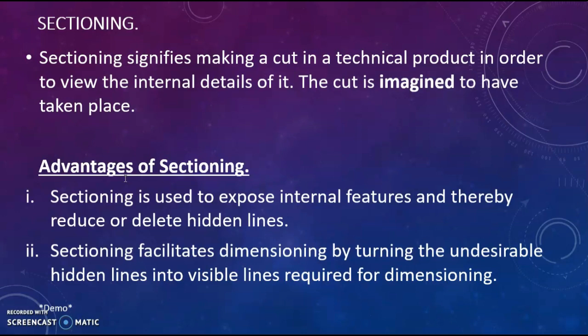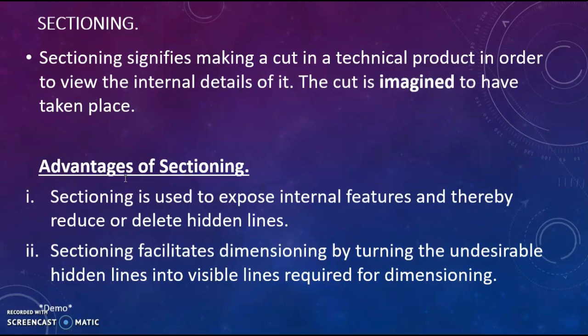But whenever they are represented by hidden lines or they are behind the drawing that is not visible to the viewer, dimensioning is tedious. Reading and understanding such diagrams or figures become difficult. For this reason, sectioning facilitates dimensioning so that we can turn these hidden lines or details into visible ones.